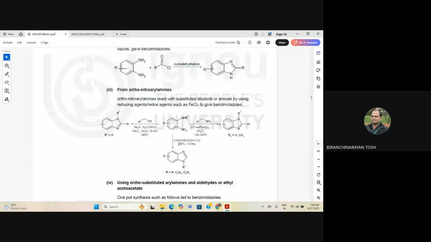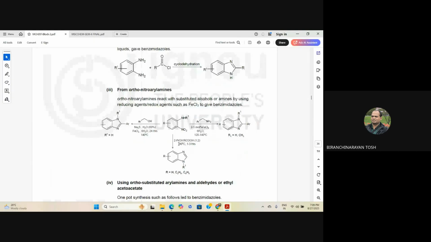Then from orthonitroarylamine, which will be formed when it reacts with benzyl alcohol. So orthonitroarylamines react with substituted alcohol or amines using reducing agents or redox reagents such as ferric chloride to give benzimidazole.